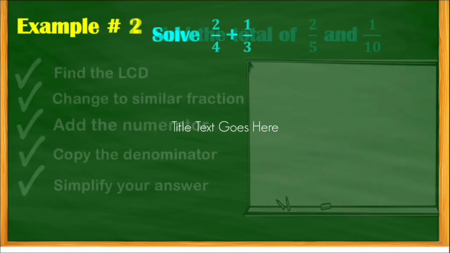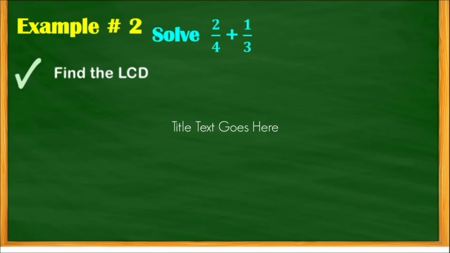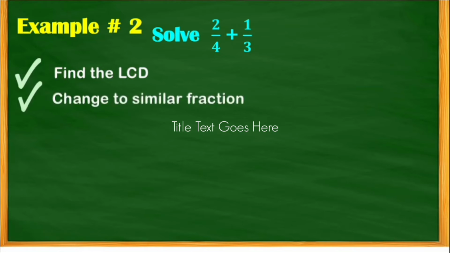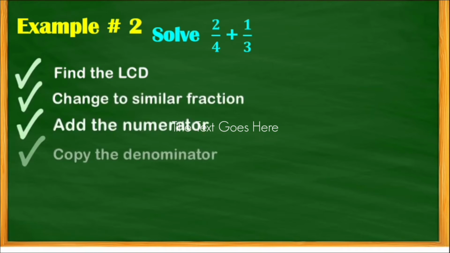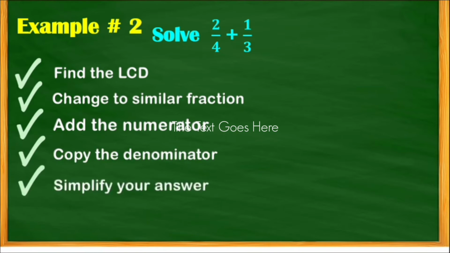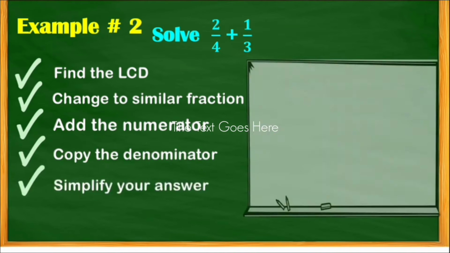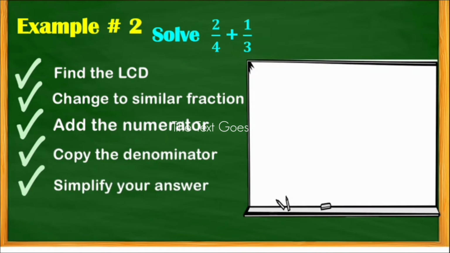Okay, let's try another example. Find the LCD, change to similar fractions, add the numerator, copy the denominator, and simplify your answer. These are the steps. Let's start. We first write the problem: 2/4 plus 1/3. Let's find the LCD of 4 and 3.